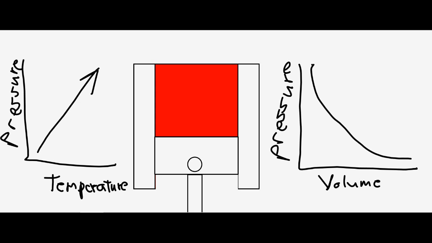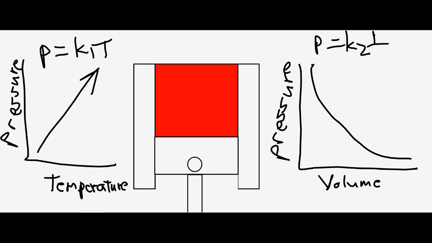So initially, we have the pressure is equal to some constant times the temperature. And I put a 1 by the K because I'm going to use that in other places. If we look at the part where the piston is going down, then we have the pressure is equal to some constant, not necessarily the same. In fact, definitely not the same as the one in the pressure and temperature equation.